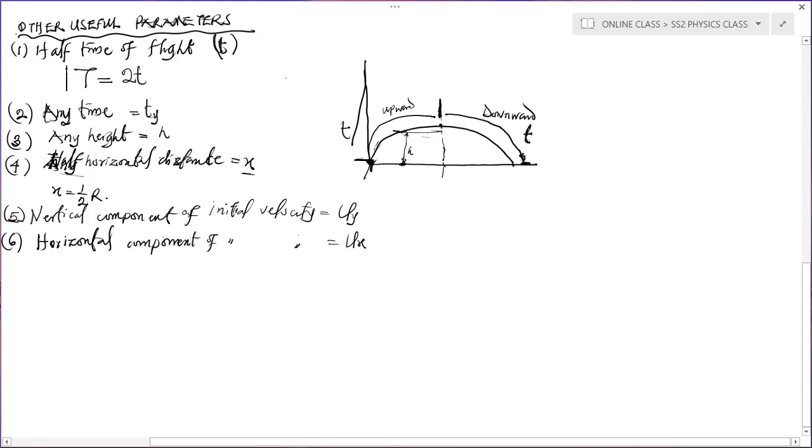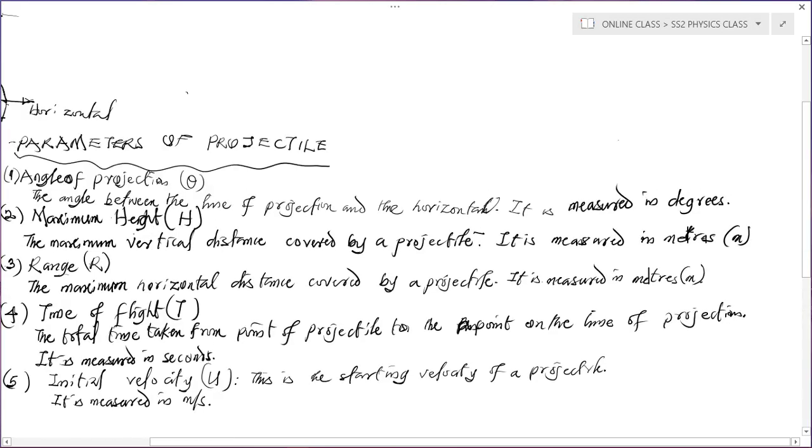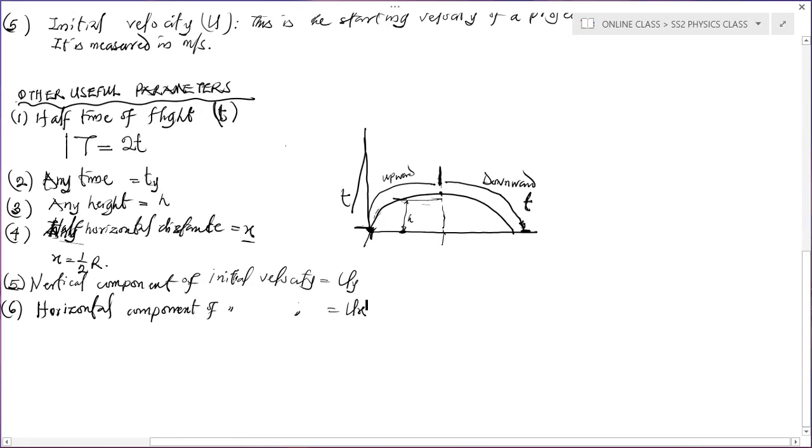Then the seventh one is going to be any vertical velocity, whether it is moving up or down.